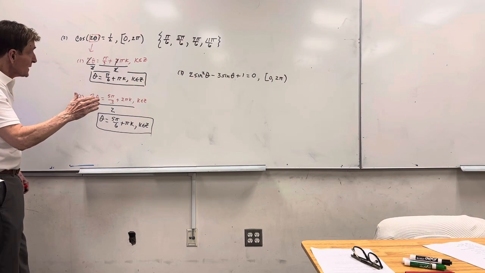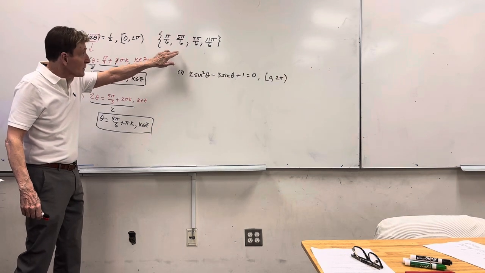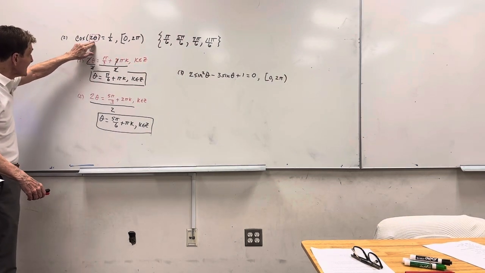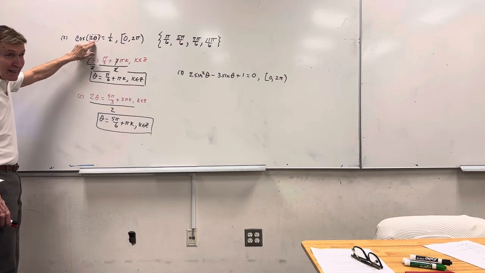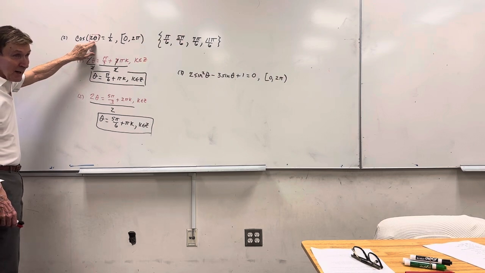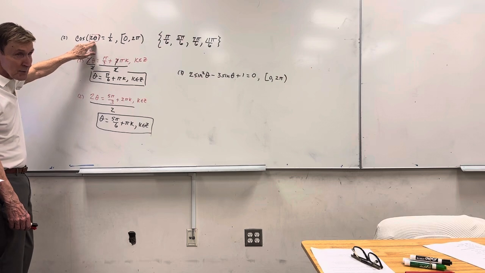Are you thinking about cosine? Which one of these four? 5 pi over 6. If I put 5 pi over 6 right here and multiply it by 2, that becomes 5 pi over 3, in quadrant 2. And 5 pi over 3 is where? Is that in quadrant 4? Yeah. Oh, sorry, never mind.